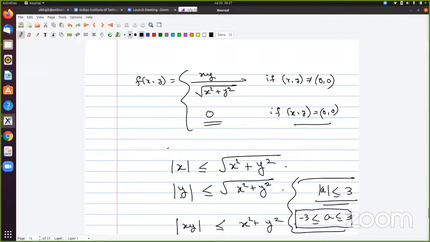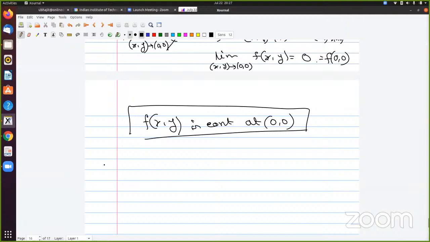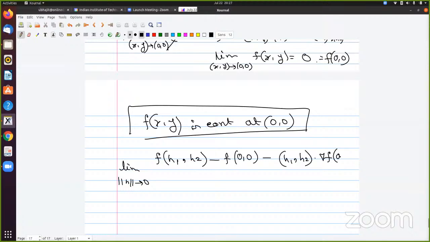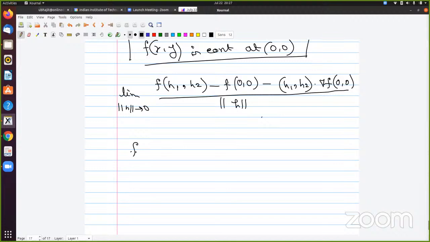So what is in our hand? Differentiability. We have to check differentiability using the definition. So this is h1, h2, this minus. Now we again have to calculate the gradient at (0,0). So can you do it? What is fx(0,0) and fy(0,0)?